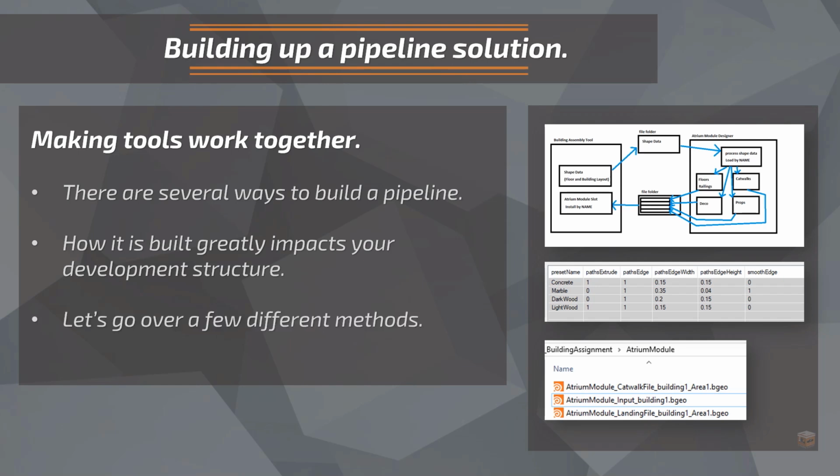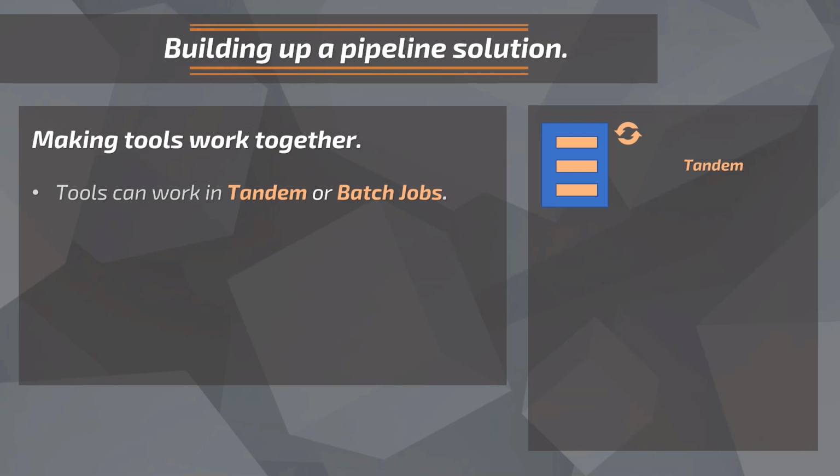So I just want to discuss a couple of methods on how we can make these pipelines work. So the first type would be if we try to run tools in tandem or as batch jobs. And these heavily rely on having a wrapper asset or a larger tool that has subtools inside. And I'll quickly go over what this actually means in a minute.